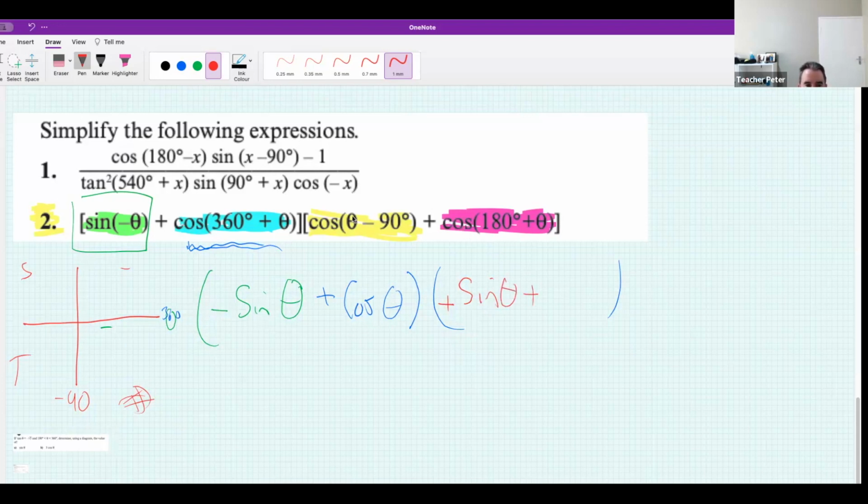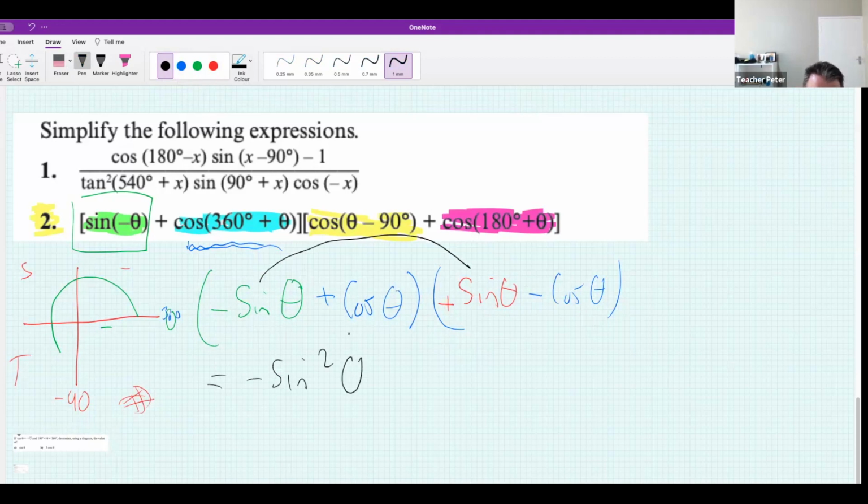And then cos of 180 plus theta, that is in quadrant 3. And so that's going to become minus cos theta. So if I want to rewrite this, what I need to do now is multiply this out. So minus sine theta times this is minus sine squared theta.